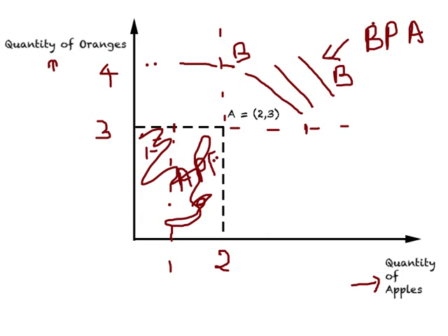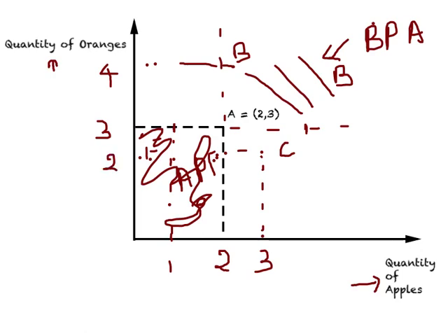Now look at another commodity bundle. Let's call this C. Let's plot this here. And here this person has 3 apples and 2 oranges.